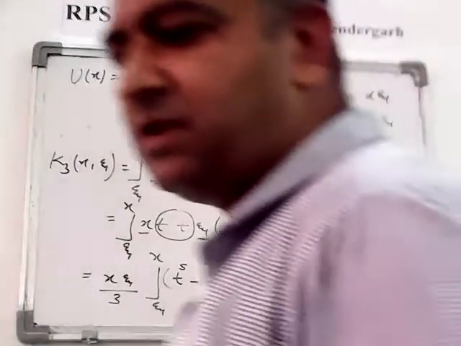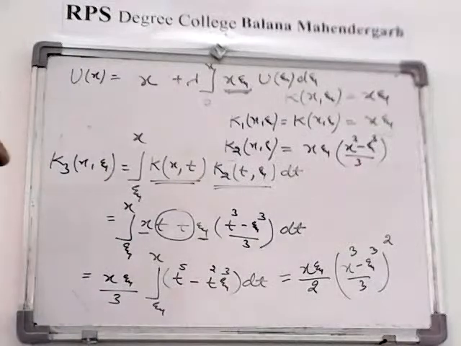This is the overall answer after simplification, the value of k3 of x comma xi.